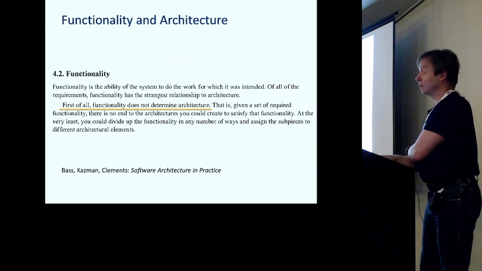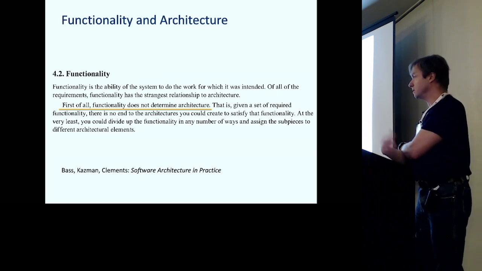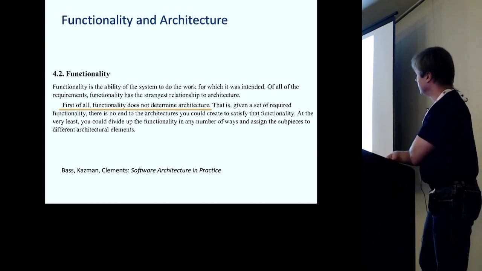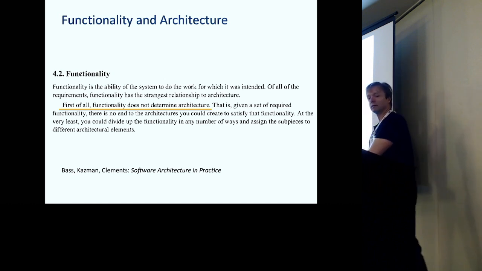Here's a very popular book on software architecture by the SEI at CMU. And they have this strange thing where it says, functionality does not determine architecture. Does that seem odd? So there you realize these people are in a different place than we are, right?